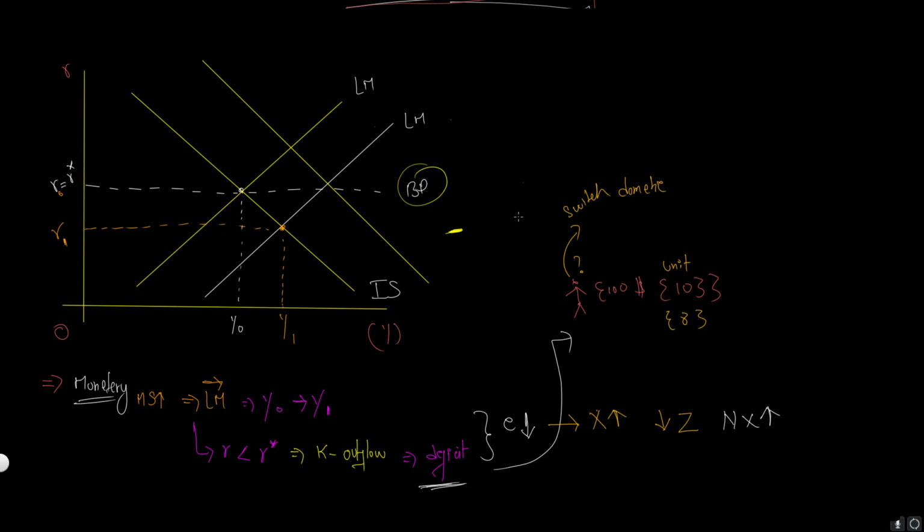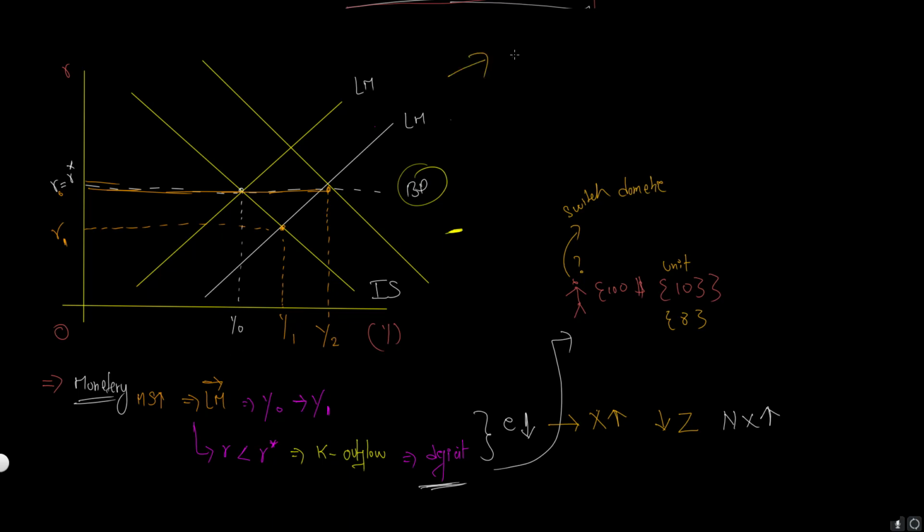In the long run, we will come back to our initial level of interest rates. So R will come back to R star, because we're assuming that this is a perfectly mobile market, and our income would increase from Y1 to Y2.